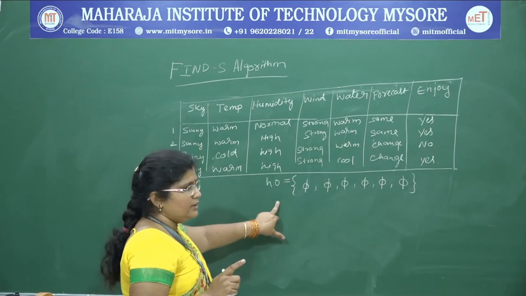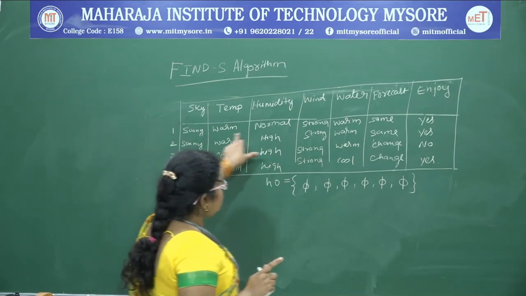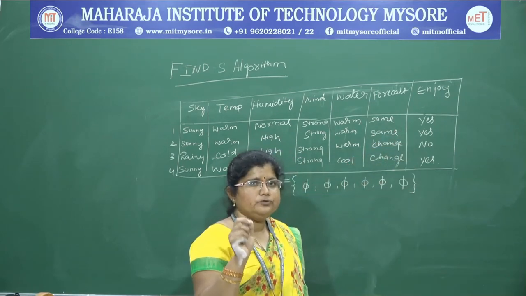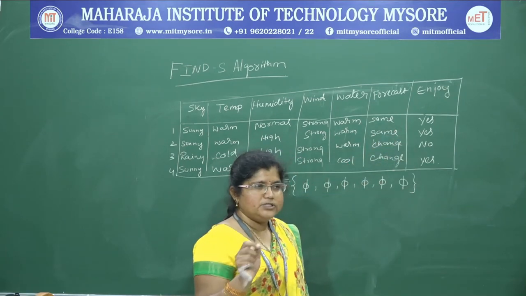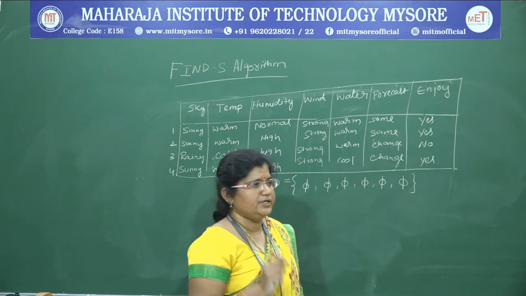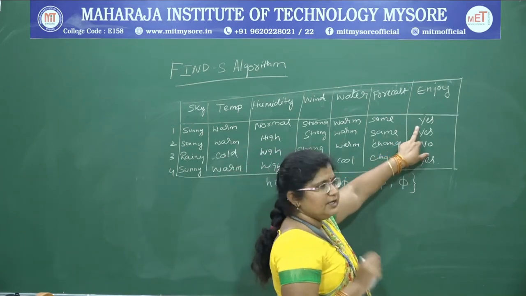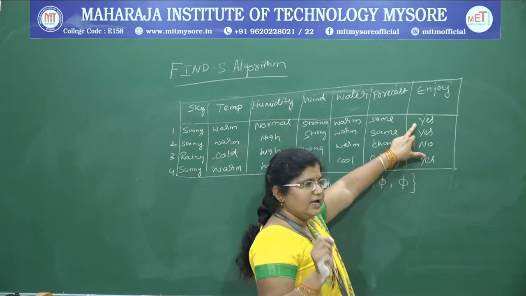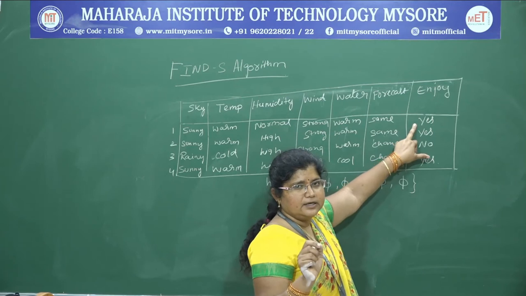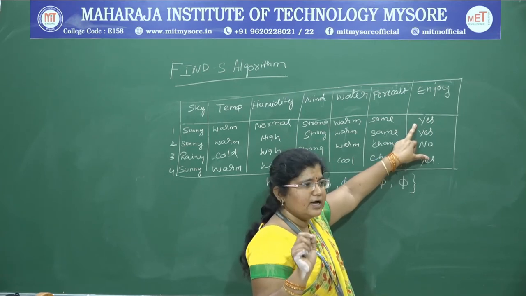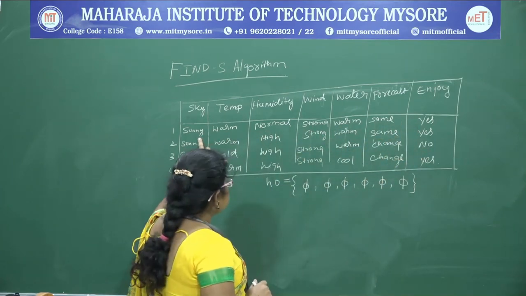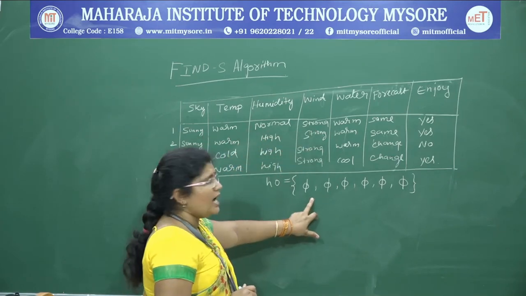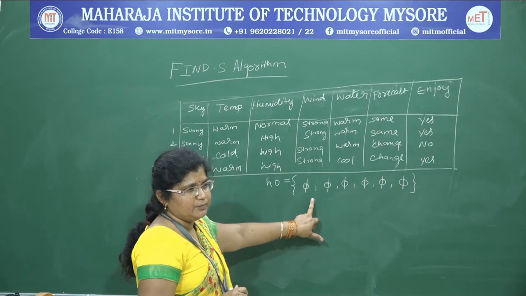When H0 is compared with the first training example, the first step is you have to look at whether it is a positive training example or negative training example. Yes is indicating a positive training example. Now, if it is yes, then obviously we can apply the Find-S algorithm. In the Find-S algorithm, we compare the first row attribute values with the more specific hypothesis.